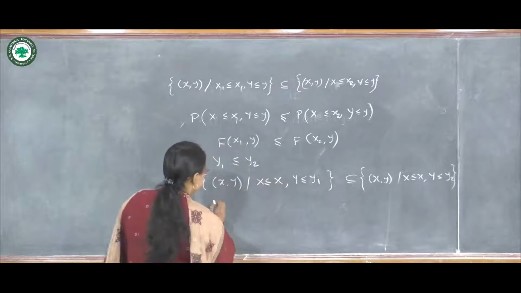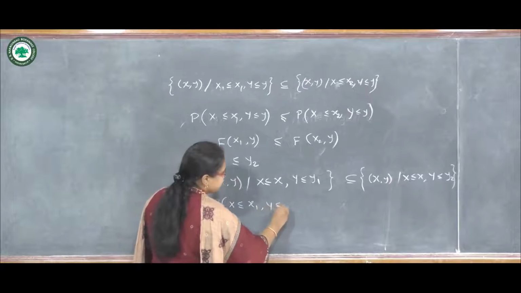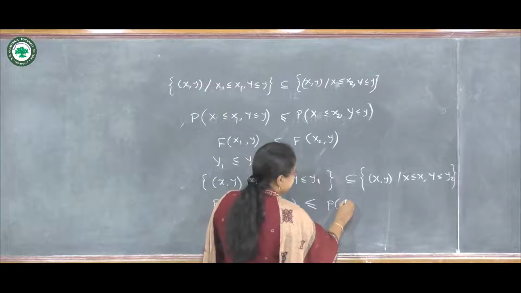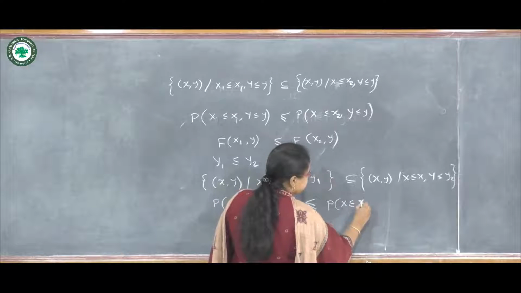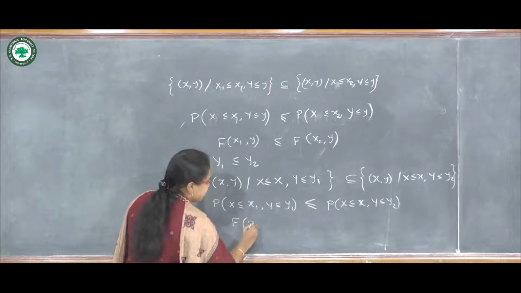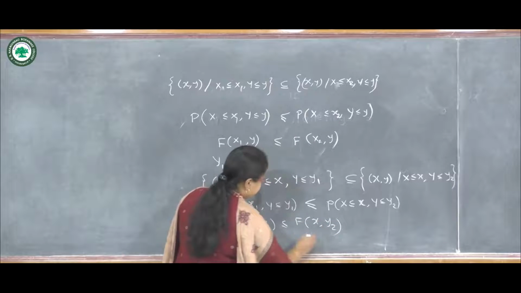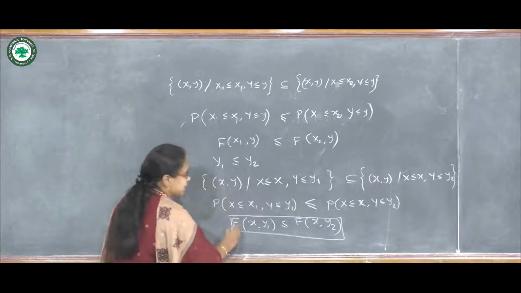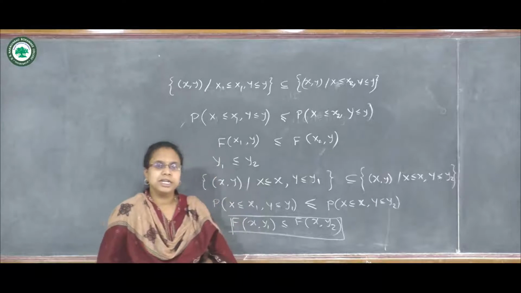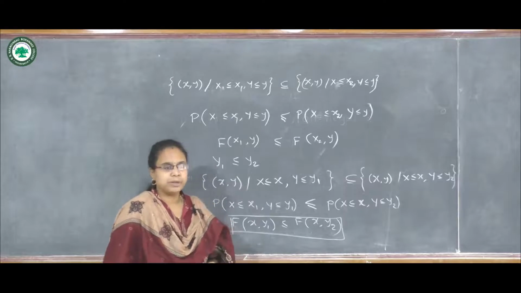So if we take its probability, x is less or equal to x1, this must be less or equal to F of x comma y1 and F of x comma y2. So this is again the non-decreasing nature of the distribution function. So the second property is that CDF should be non-decreasing in its arguments. Let's see the third property.